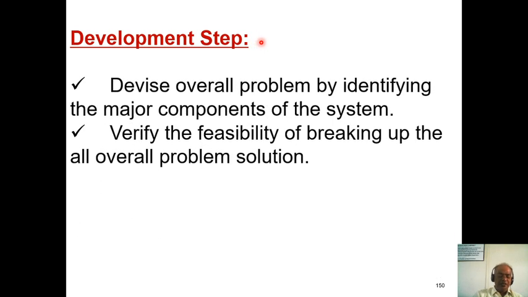The second step in this strategy for designing algorithms is the development step. The first step was the investigation step, and the second is the development step. In this step, it divides the overall problem by identifying the major components of the system.